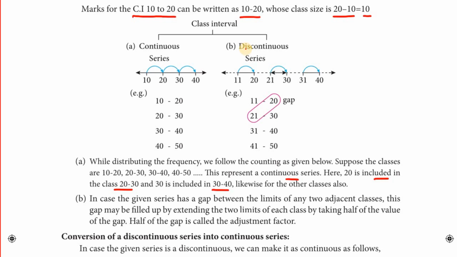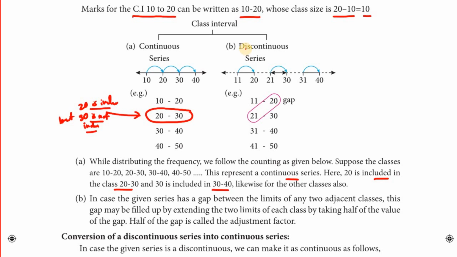Say for example, again let me say, let us consider this group 20 to 30. So here 20 is included, but 30 is not included. That's the basic idea. So where is 30? 30 belongs over here. Okay, so that's the basic idea. 20 is included, but 30 is not included in this case.